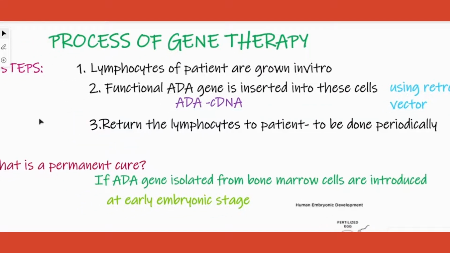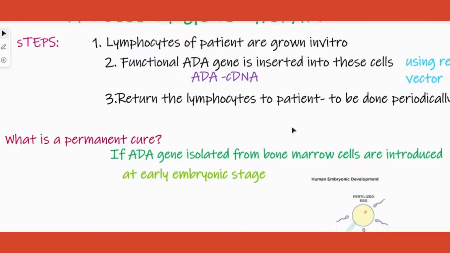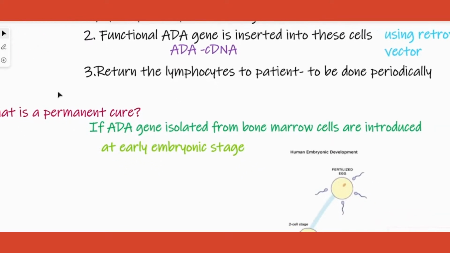So what is a permanent cure? What can we think of where you don't have to keep doing this procedure again and again? The permanent cure is if you extract the ADA cDNA gene from the bone marrow cells and introduce it at the early embryonic stage of a possible patient.